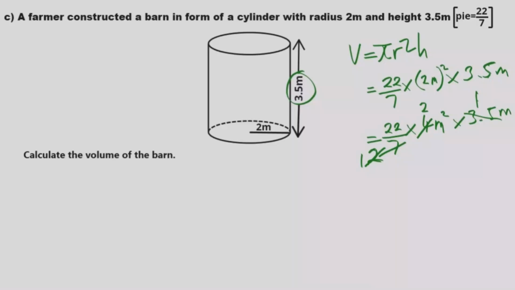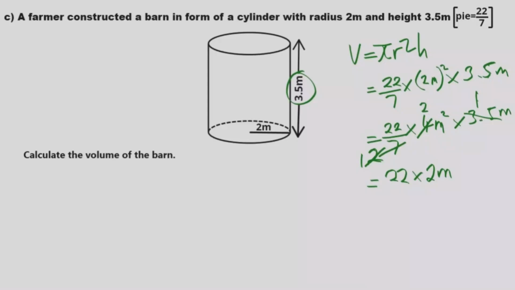So now, like this, we have gotten rid of the fraction. So we say equal to 1 into 22, it will give us 22, times 2 meters squared times 1 meter, which should give us 2 meters cubic.